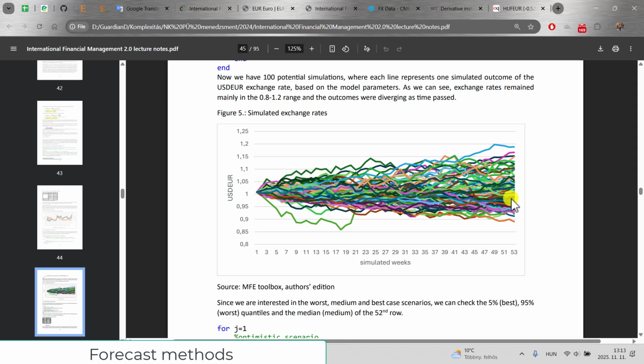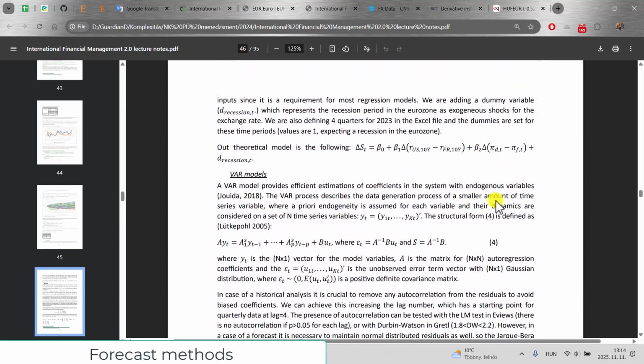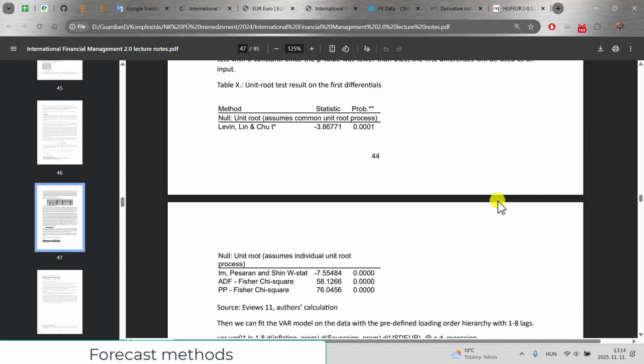So where most of the 100 simulations are going after a year, and what is the upper 5%, what is the lower 5% to see the extremes, and after that we can test the company, okay, what is happening if we are stressing them out, which is really useful because in this case we can say that the exposure is relevant for the company or not, because if the value is not changing, even if we are stressing it with extreme jumps, then who cares about this exposure? This is brute force, but nice. Done.